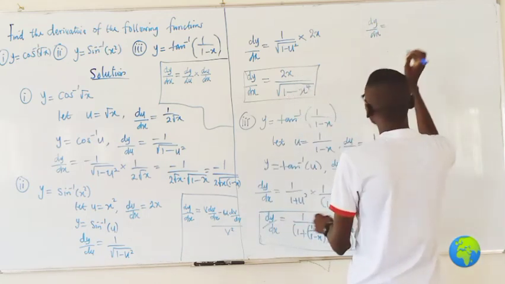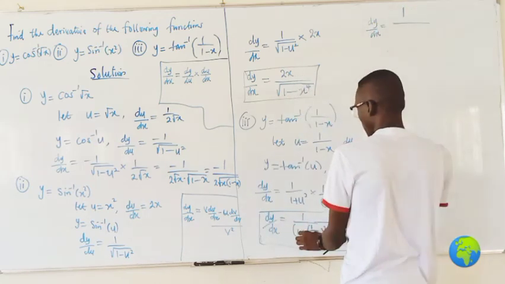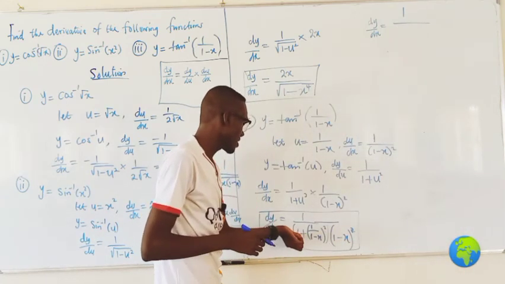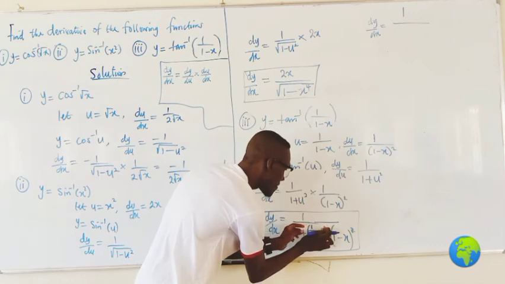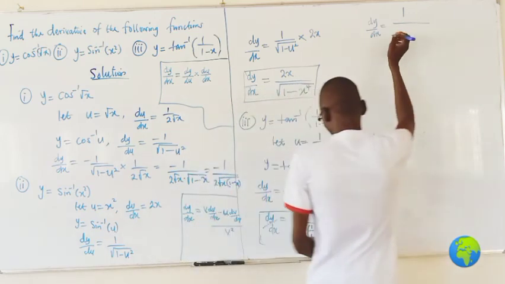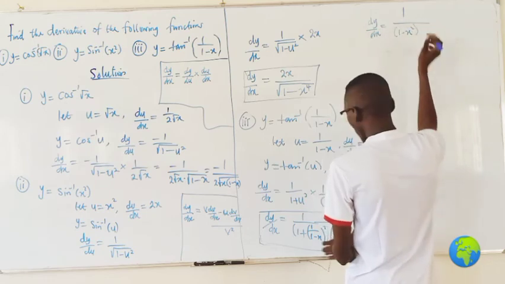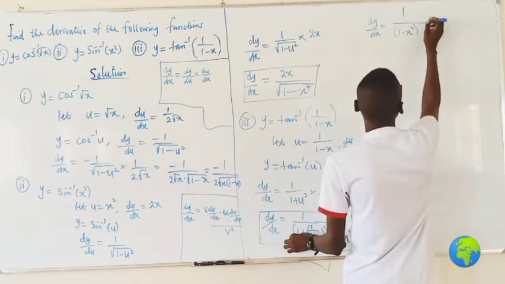So dy/dx is going to be 1 over, this is a separate function, so we multiply this with this. Recall, I'm having squared here. So for this alone, I'll be having 1 minus x squared because I'm multiplying it by 1.